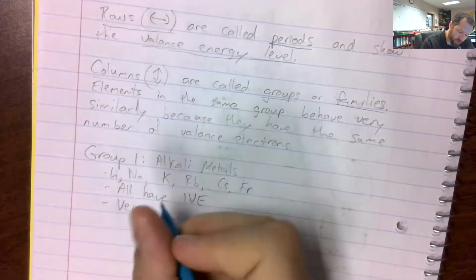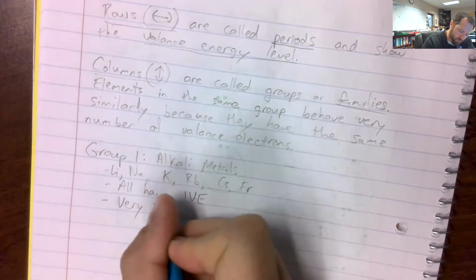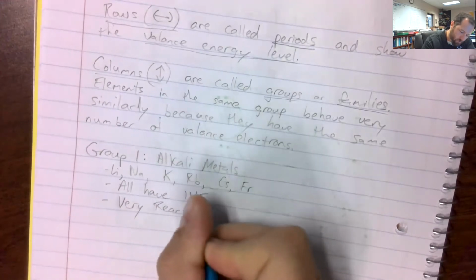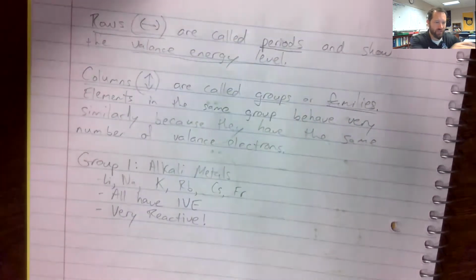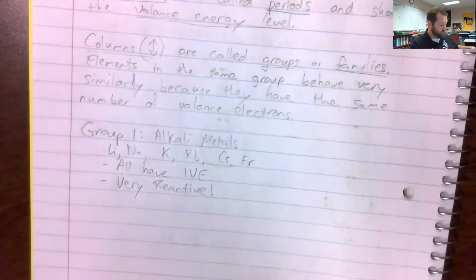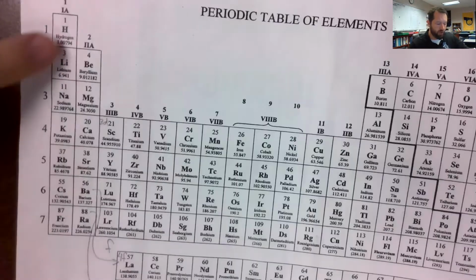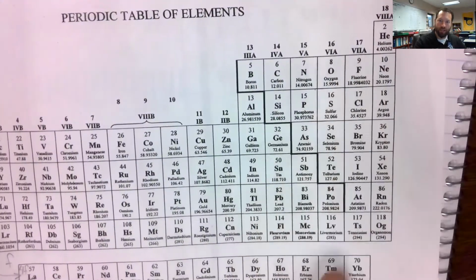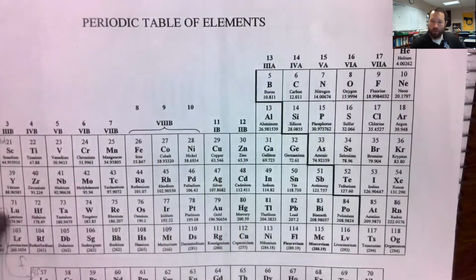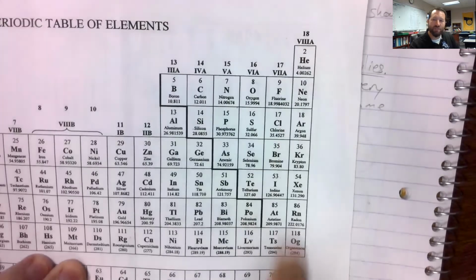And their behavior is that they're very reactive. These are highly reactive metals, the alkali metals. The reason why? Well, they all have just one electron. And if they're able to get rid of it and go back to P6, remember how this is the most stable place to be, P6, everyone would like to be there.